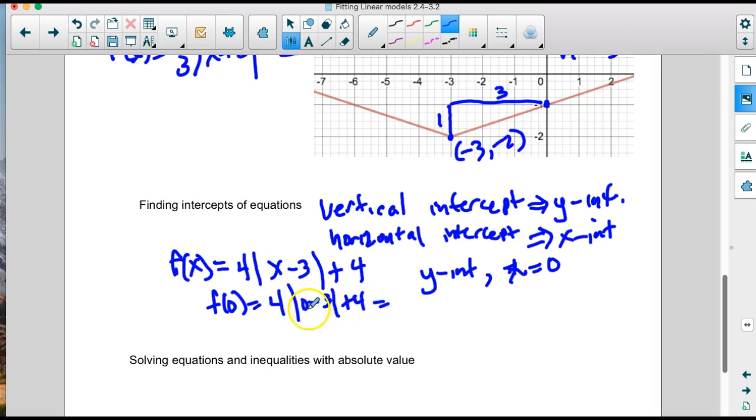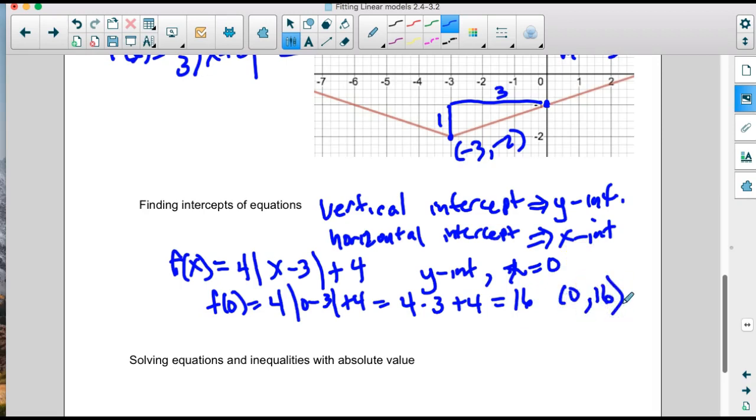So in that case, this is going to be -3. We take the absolute value of that, that's +3. So we're going to get 4 times 3 plus 4. So that's going to be 16. So my y-intercept is 0, 16.